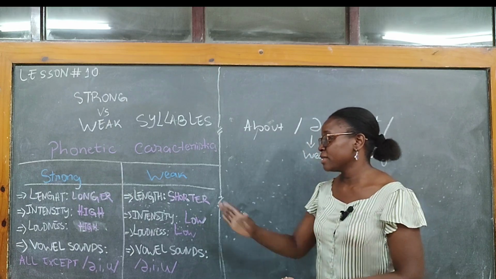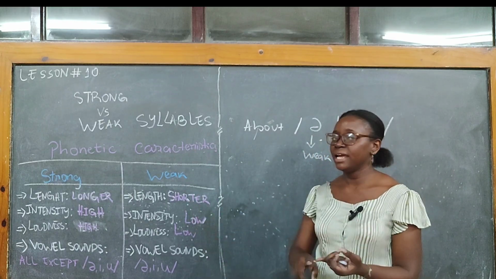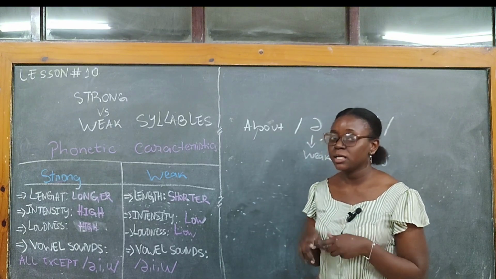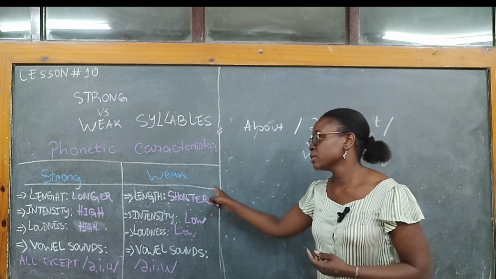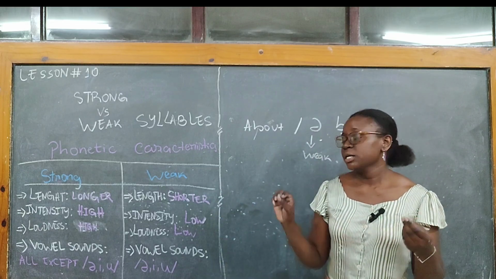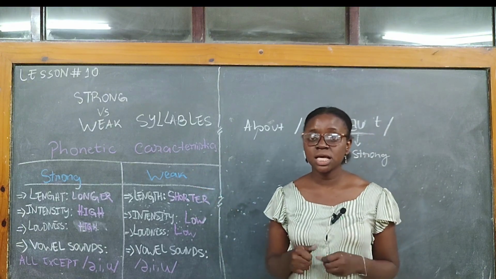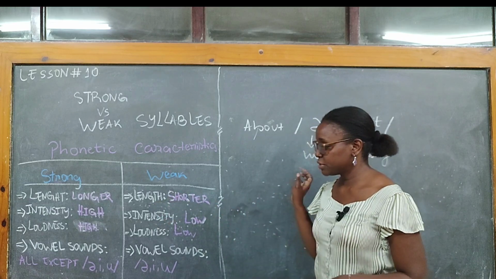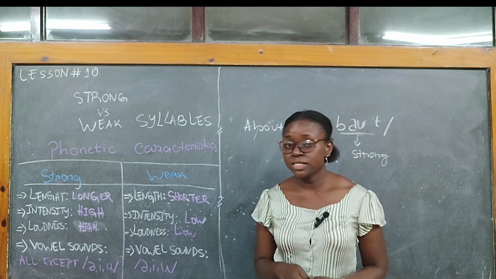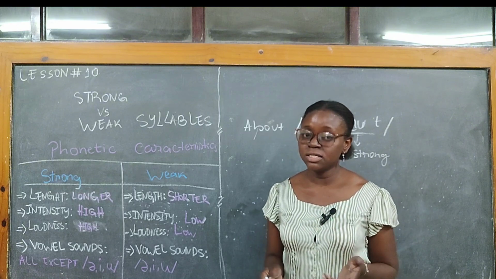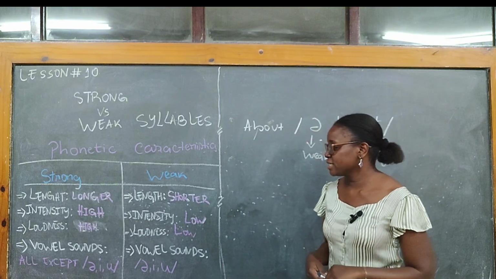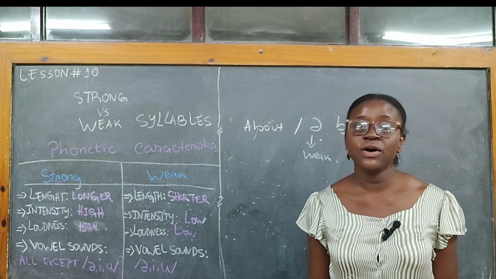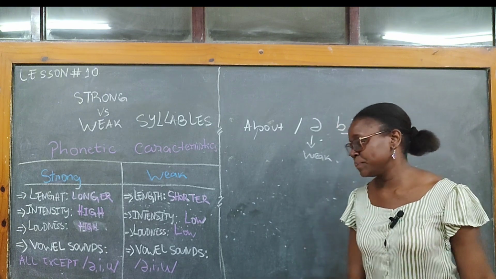So as a recap, the first three characteristics: length, intensity, and loudness. We can say that strong syllables are longer in length than weak syllables. Second, strong syllables are more intense than weak syllables. And the third is loudness, where we say that a strong syllable sounds louder than weak syllables. And then, in terms of vowel sounds, what vowel sounds will tell us whether we are before a strong syllable or a weak syllable?